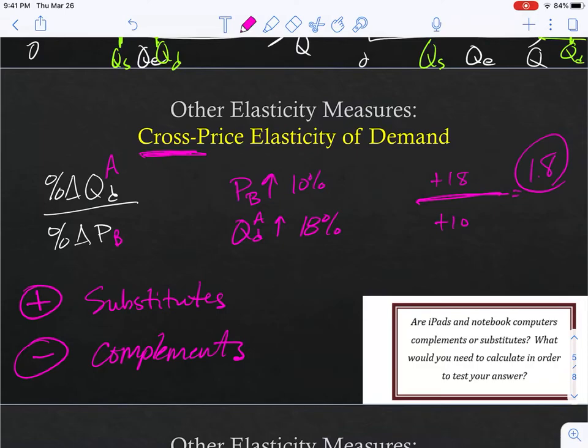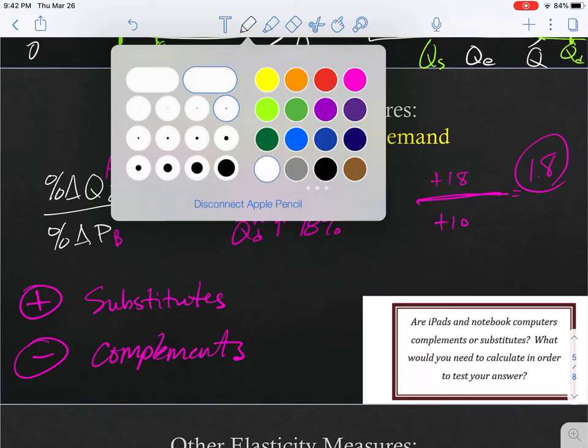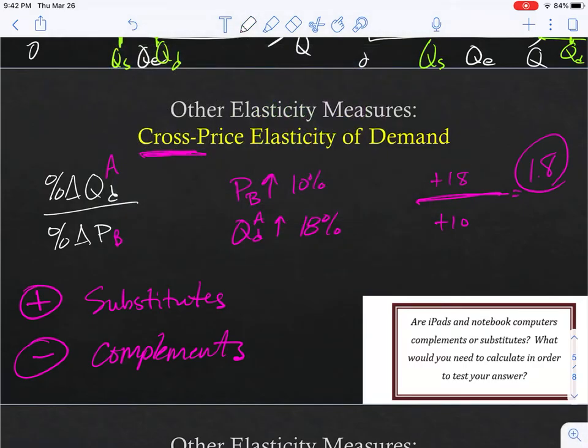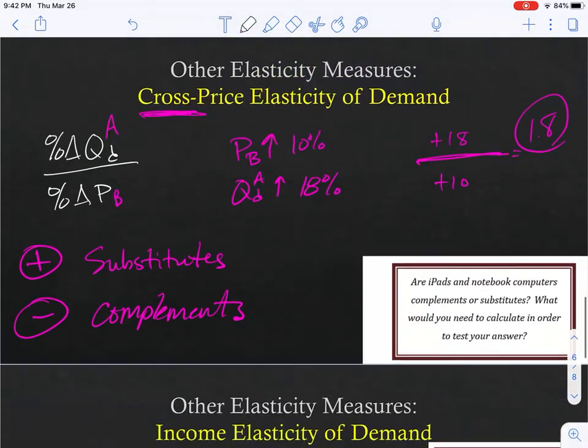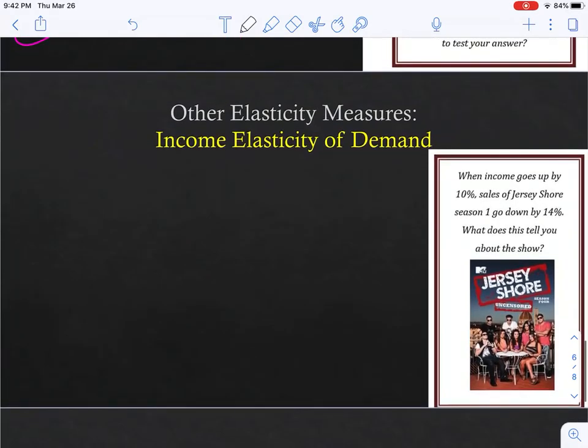Well, if you could get good data on how the price of one of those is changing, and you could evaluate sales of the other, then you could try to calculate this and come up with some evidence to support one of these theories, that they're complements or that they're substitutes. So that's cross-price elasticity of demand. I just want you to be generally familiar with that and understand what the sign means and how we would interpret it.